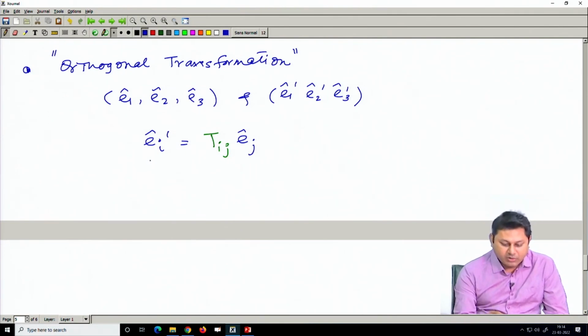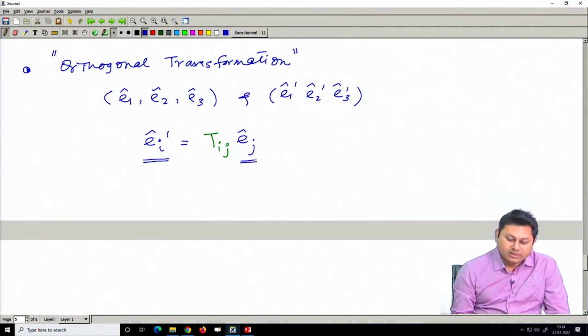I can find out my E1 prime from the values of E1, E2, E3, that is why j is here with a matrix form T_ij, and you can see that j appears twice here, that means we have a summation.